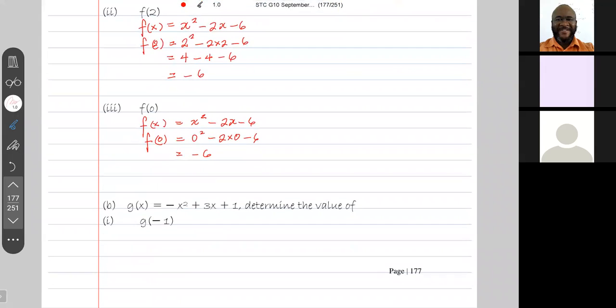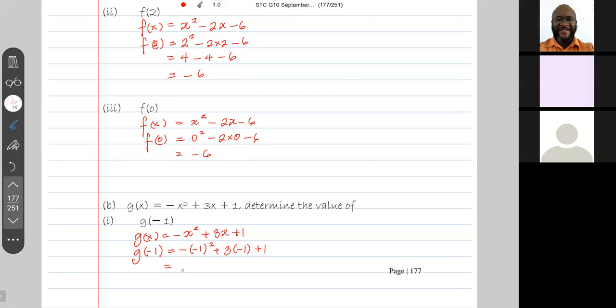All right, B says g of x is equal to minus x squared plus 3x plus 1, and you're asked to find g of minus 1. Here's how it works. Over to the right, wherever you see x, you're going to replace x with minus 1. So this is minus 1 squared plus 3 times minus 1 plus 1.